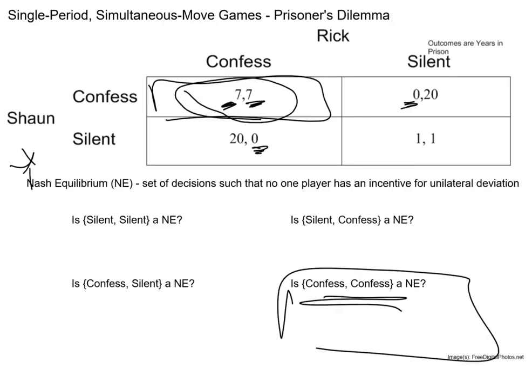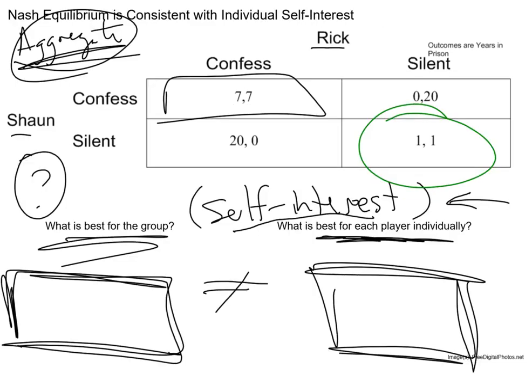Remember, a Nash equilibrium is saying that they can't unilaterally change their mind. When you are doing something for yourself out of your own self-interest, you're doing something unilaterally. The only way that these guys could get to what's best for the group is if they didn't make decisions unilaterally, but rather if they collectively both chose to change their decision from confess to silent.